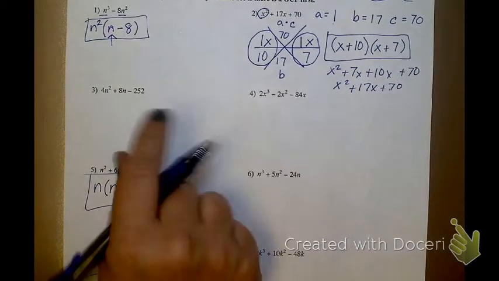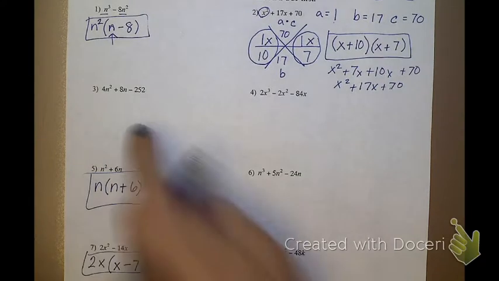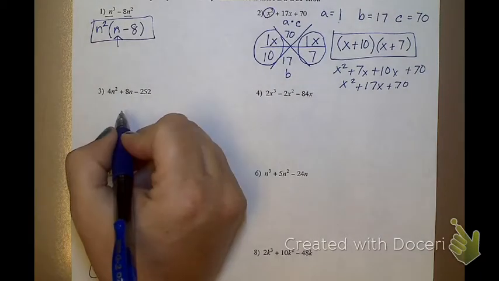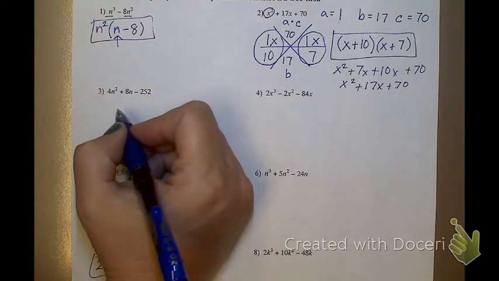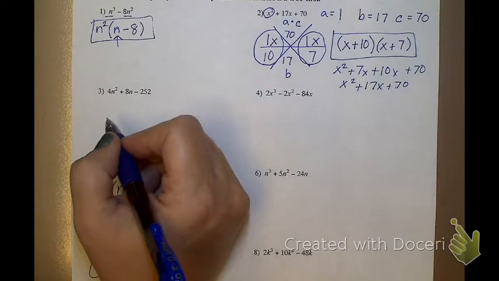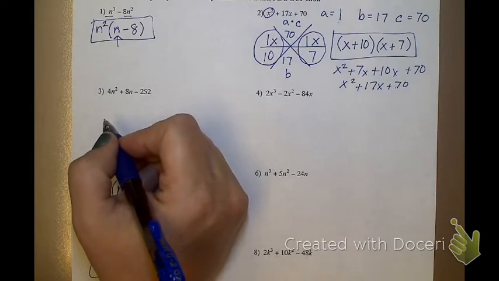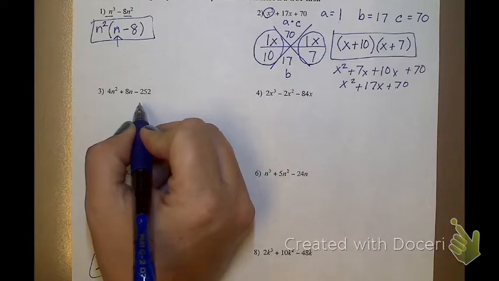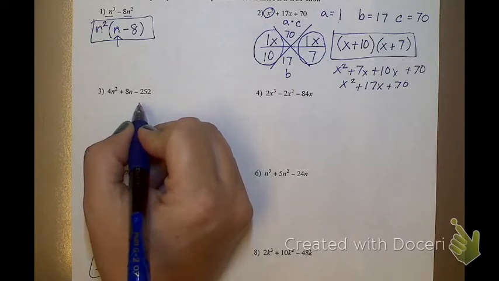Now, let's see, is there another one that's easy? Let's do number 3. Number 3 is not too bad. But again, you always want to check for that GCF first. Can you take anything out first? Because 252 is kind of a big number. I don't really want to see 252 in my snowflake. Can I take something out?